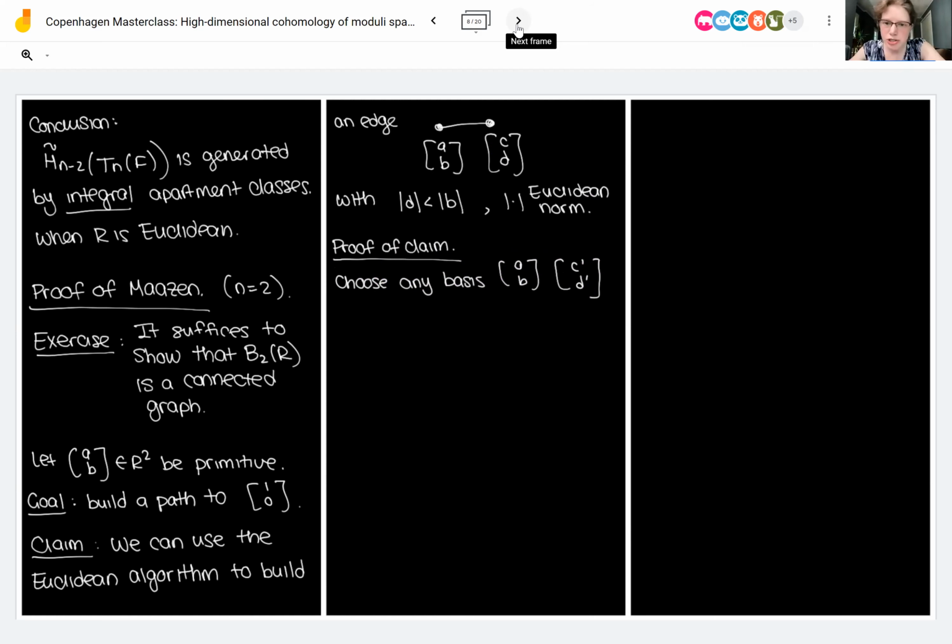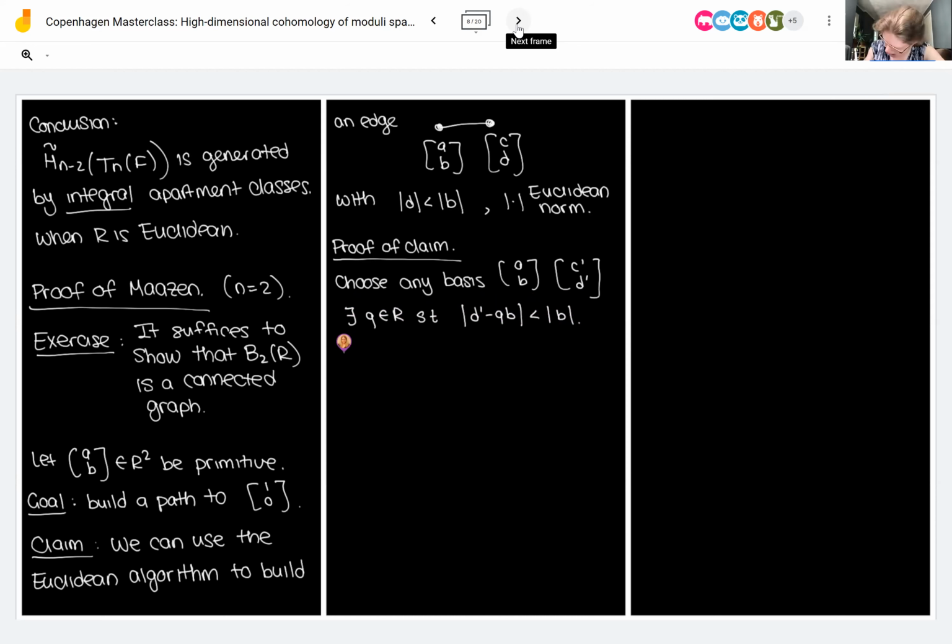Okay, so we'll choose any basis. And then the Euclidean algorithm, the definition of a Euclidean ring and its Euclidean norm, tells us that there exist some numbers Q and R with the property that when I look at this difference, D' minus Q times B, that is going to be strictly less than B.